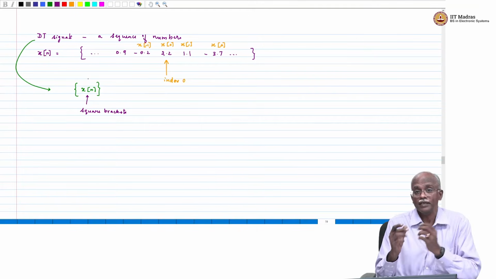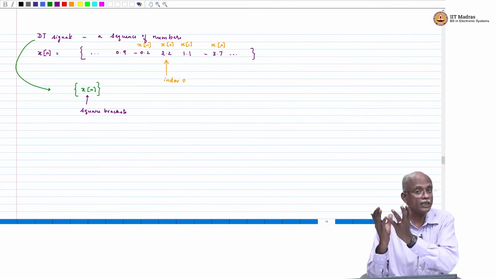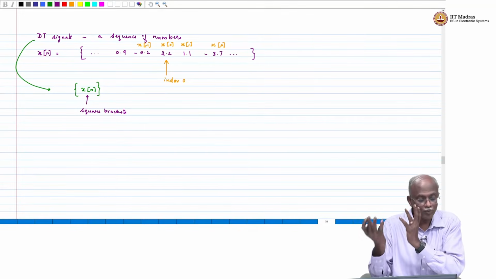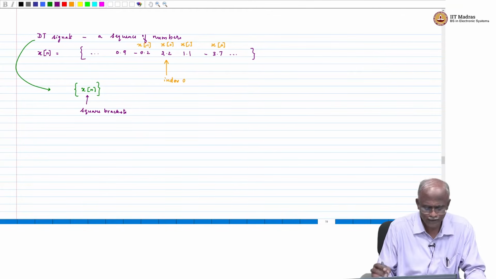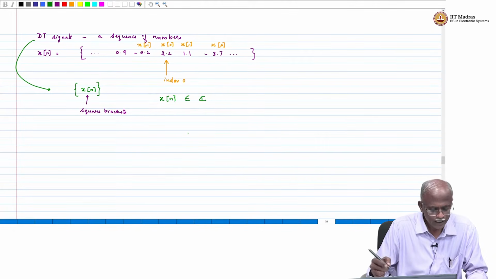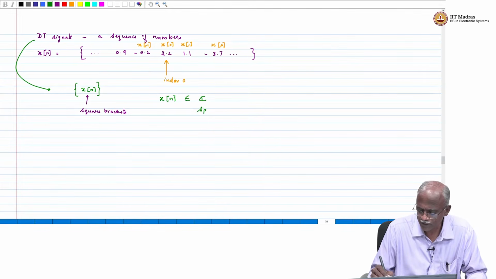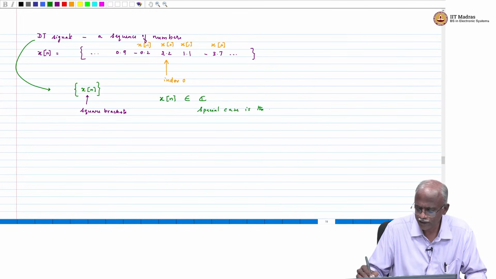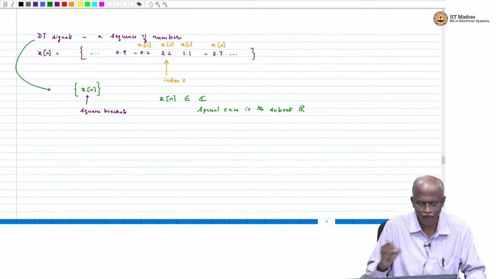Now, x of n, just like in the case of the continuous time signal, can either be real or complex. So, we say that x of n belongs to the set of complex numbers, and a special case, a subset, is the case of real numbers, indicated by R.